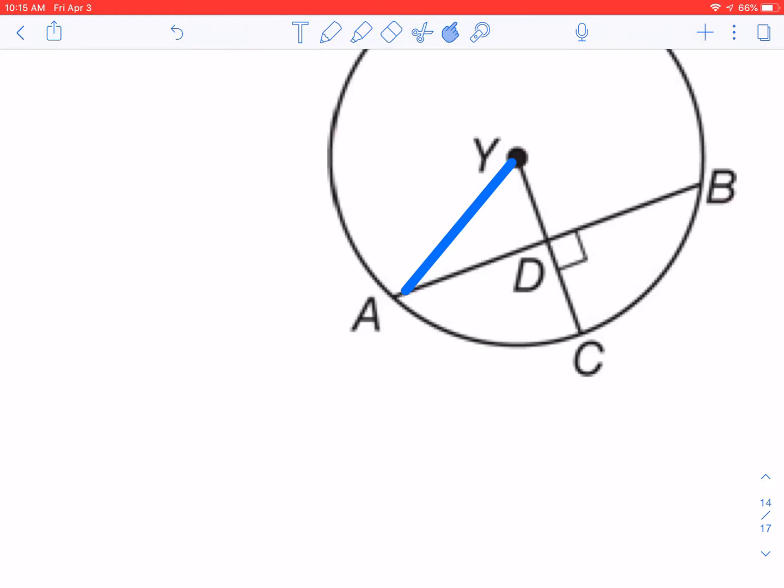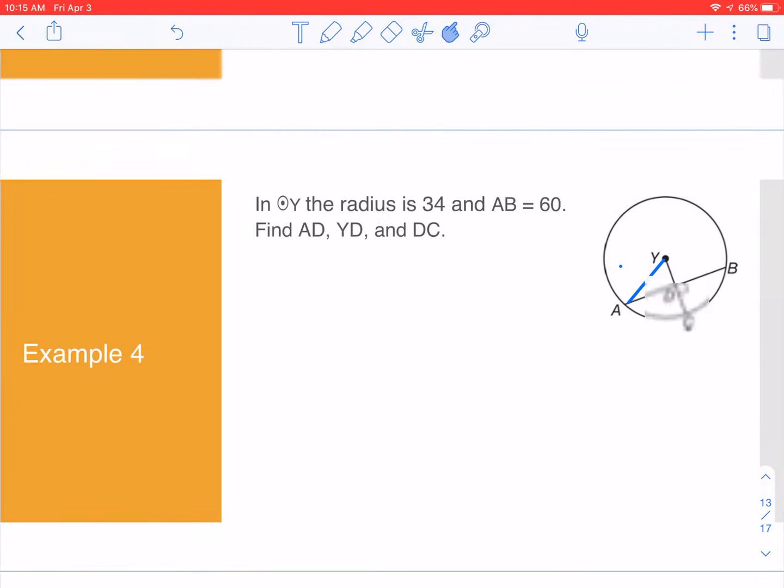AB is 34. So I know that half of that, this is 17. And I know this is, I'm sorry. Let's look at the numbers again, just so we know. Radius is 34, AB is 60.